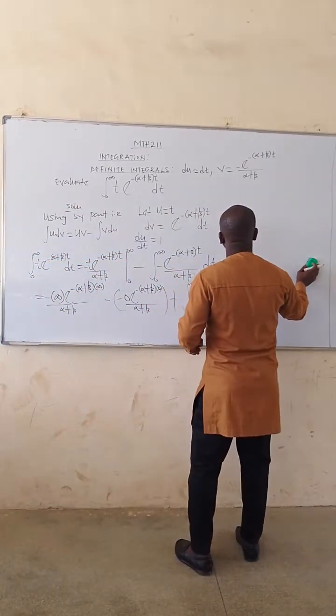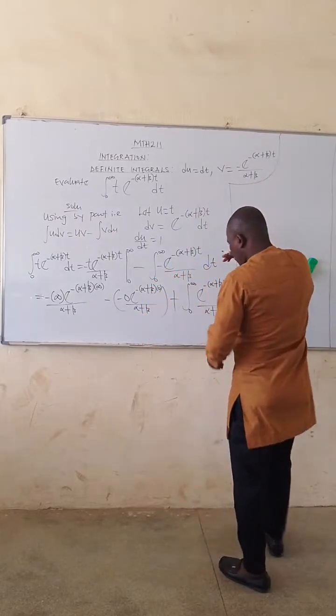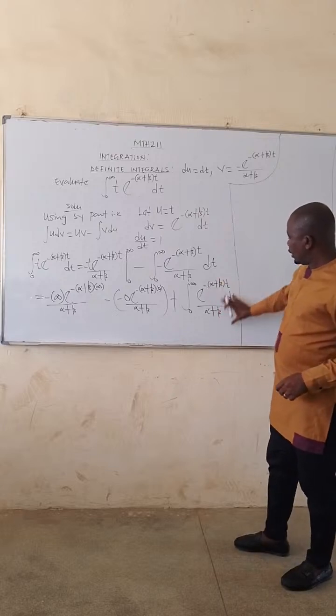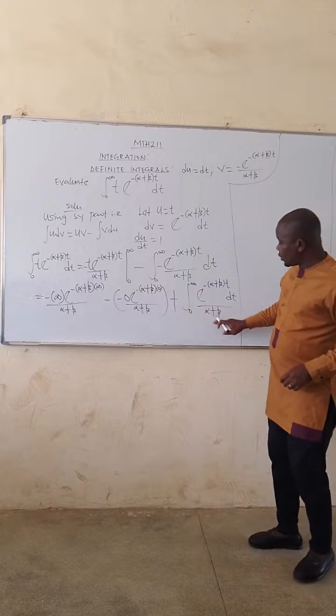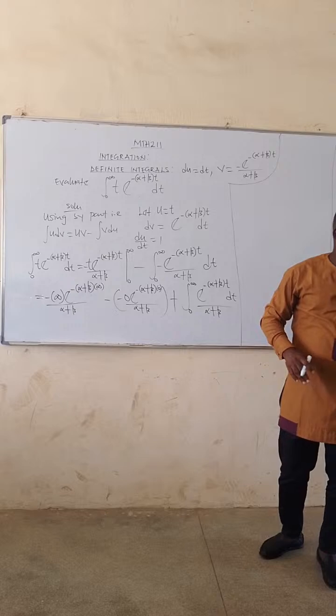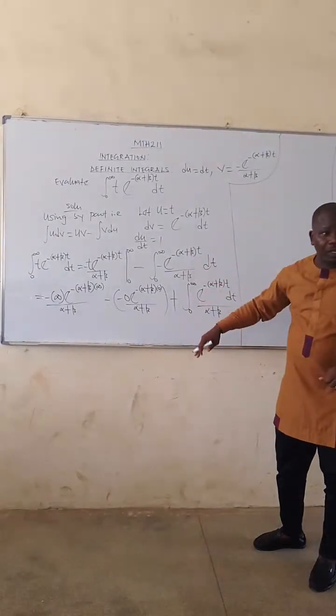So you can now see that we have to integrate only this function. But something is constant here. What is constant here? Yes, 1 all over alpha plus beta. So we factor it out.